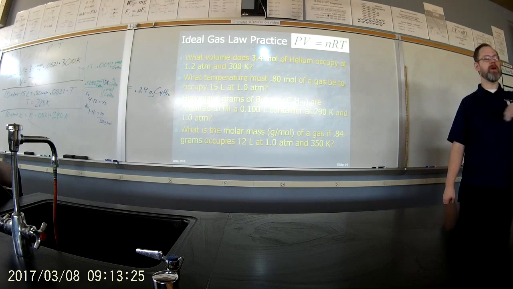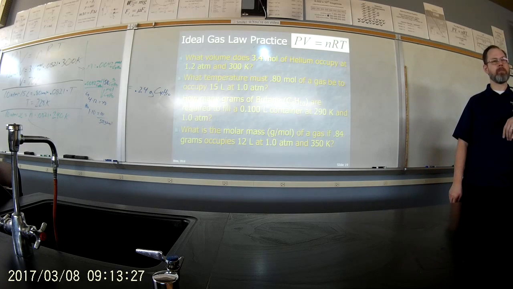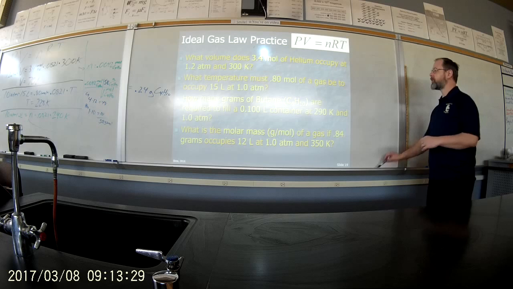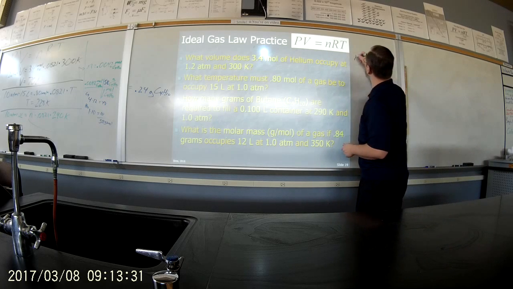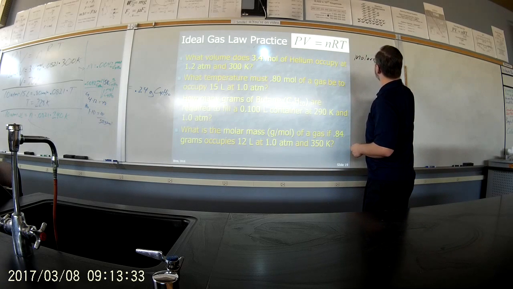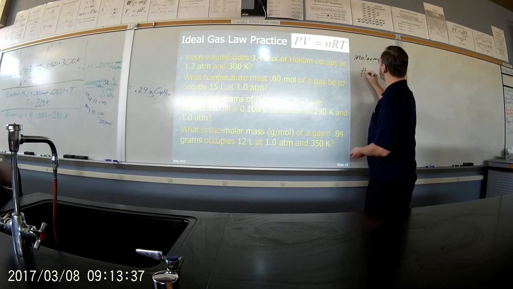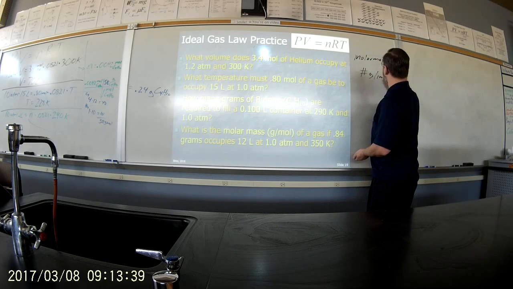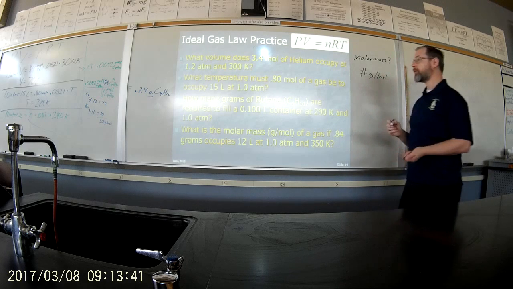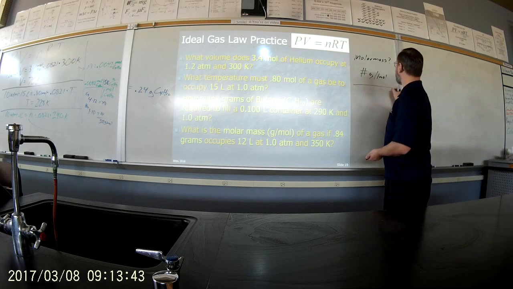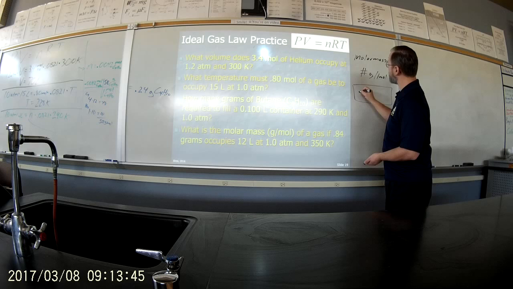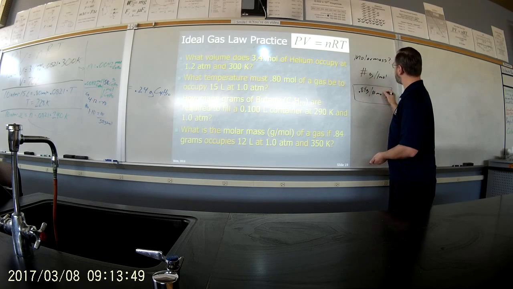So how should we go about solving this? Right, because what it wants to know is the molar mass. So the exercise wants the molar mass, and we know that molar mass is so many grams per 1 mole. So what we're going to do is come up with a ratio that is 0.84 grams to some number of moles.